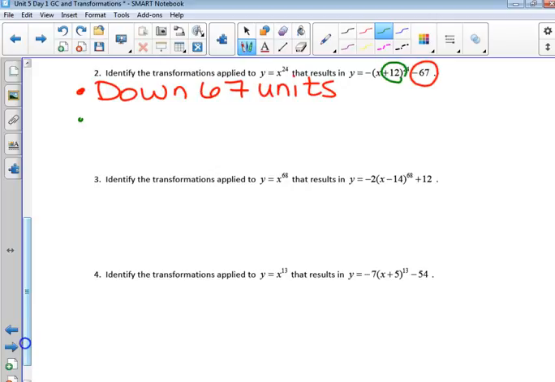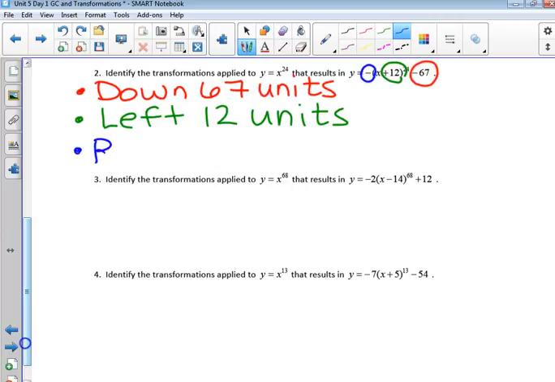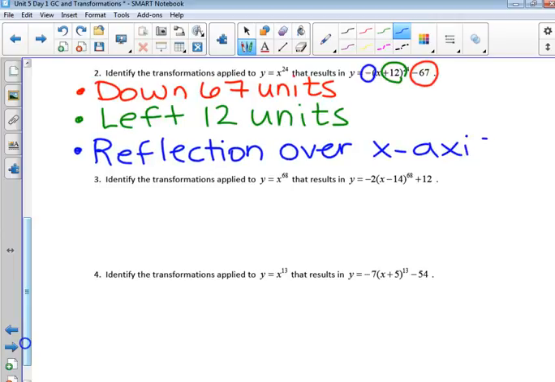Right there. Left 12 units. Does anyone see the last transformation? The negative, right? The negative in the front. So that's a what? We said a reflection in what? Reflection over the x-axis. Should be rolling off your tongue.